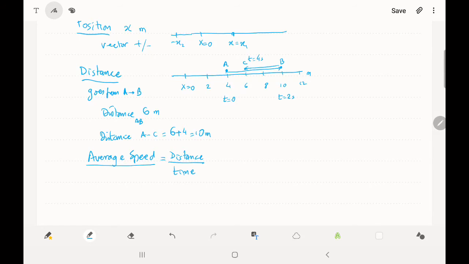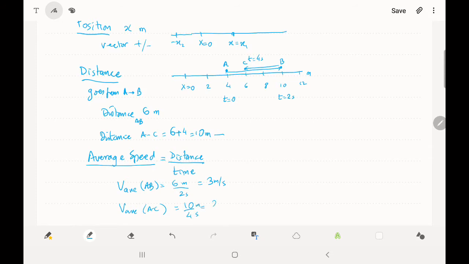So now the average speed between A and B is the distance from A to B, which is 6 meters over 2 seconds, so that's 3 meters per second. And the average speed between A and C is going to be 6 plus 4, 10 meters, like we had here, divided by 4 seconds.